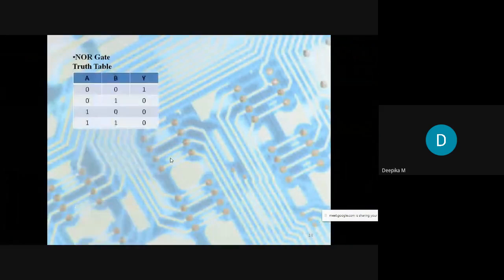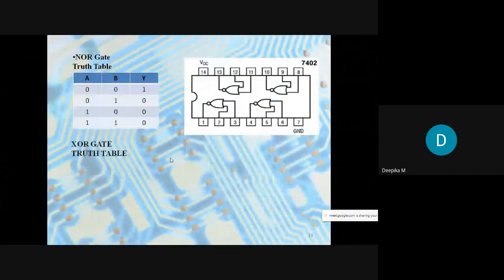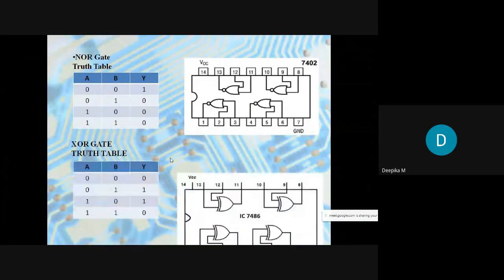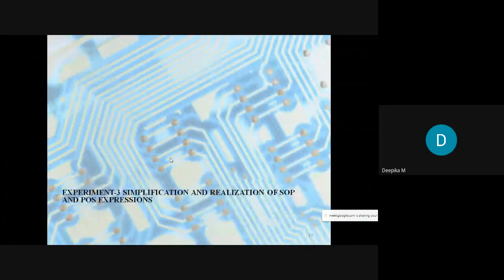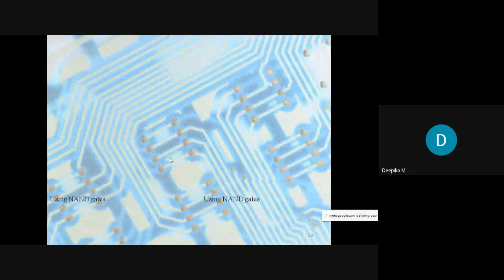So that we have studied in the second experiment. That is nothing but the realization of the gates.